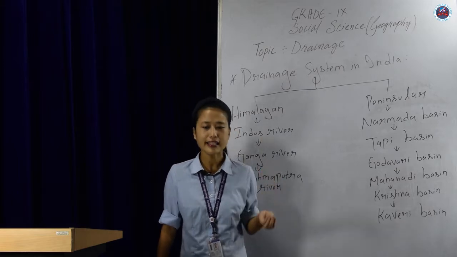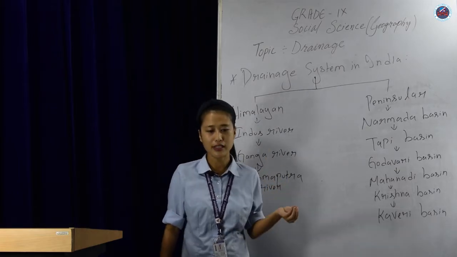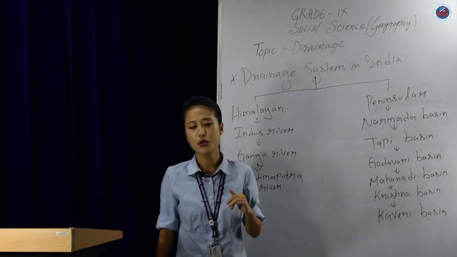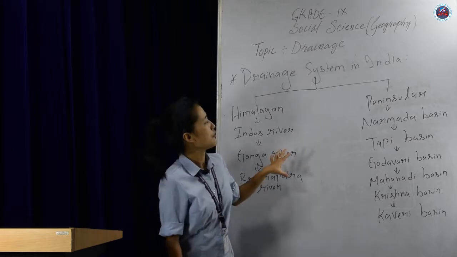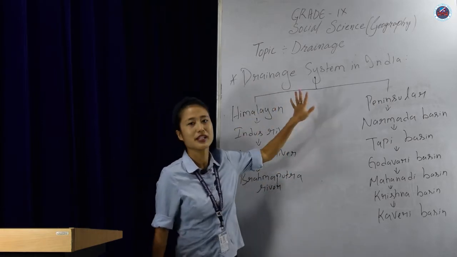Any elevated area such as a mountain or an upland that separates two drainage basins is known as a water divide.